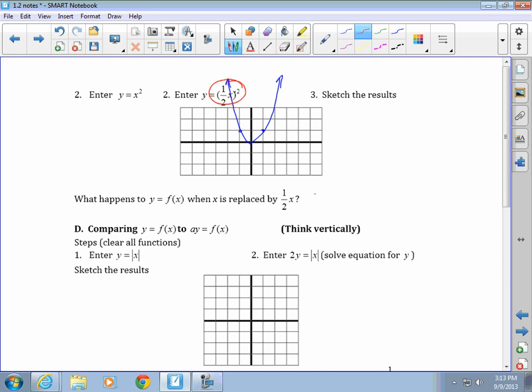So this one, instead of being at (1, 1), is now at (2, 1). And our next one would have been at (2, 4) on the regular graph. Well, now it's going to be at (4, 4).